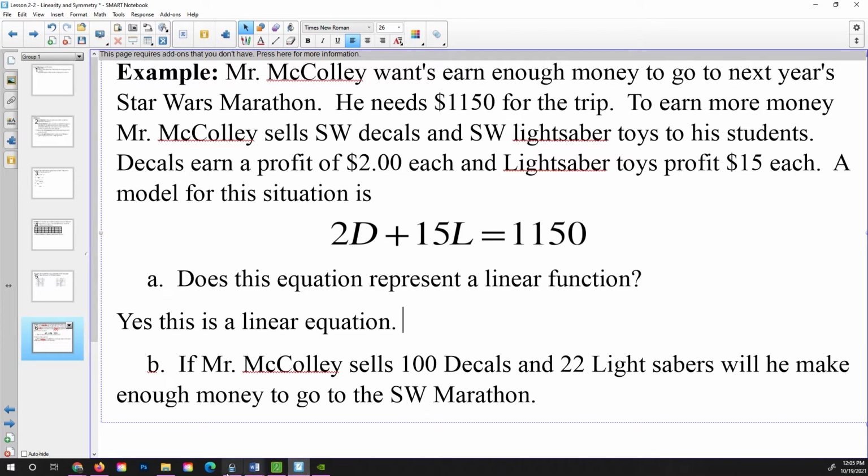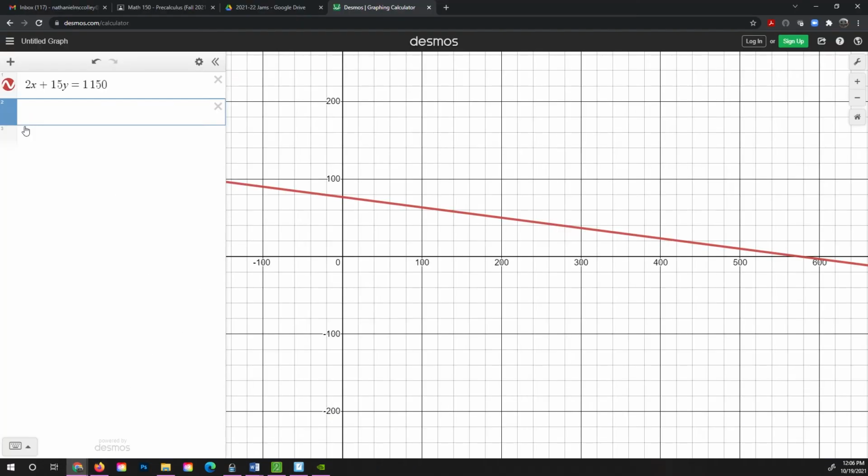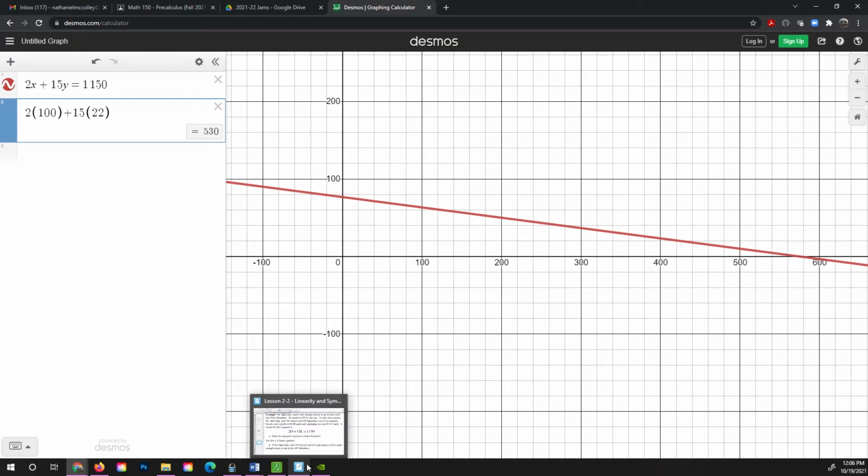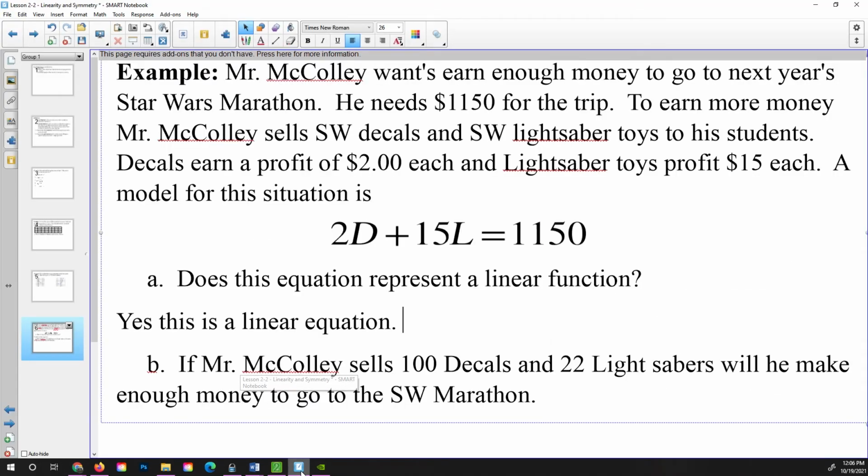Okay, well, we can do that in Desmos as well. So let's pull that back up. So if I go 2 times 100 plus 15 times 22, I've only made $530. So a little short yet. I'm going to have to sell a few more lightsaber toys. You guys are going to have to buy some stuff so I can go.